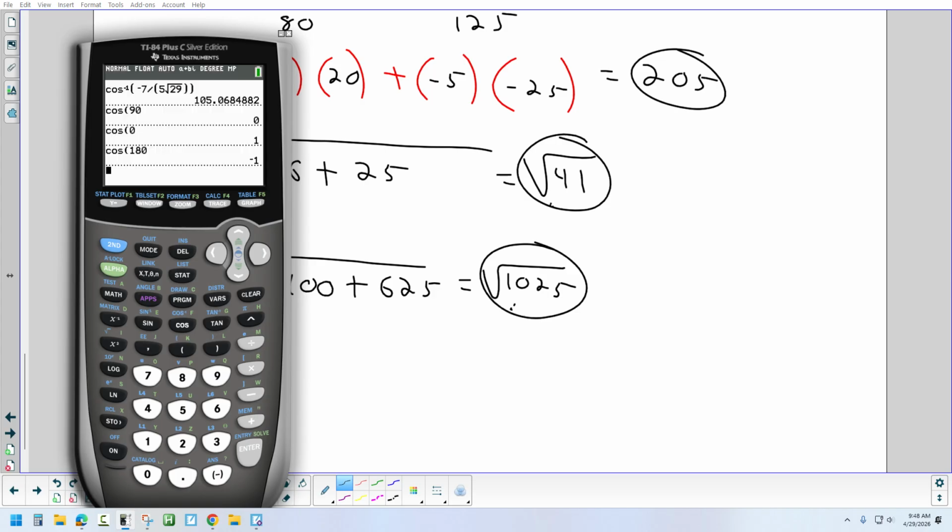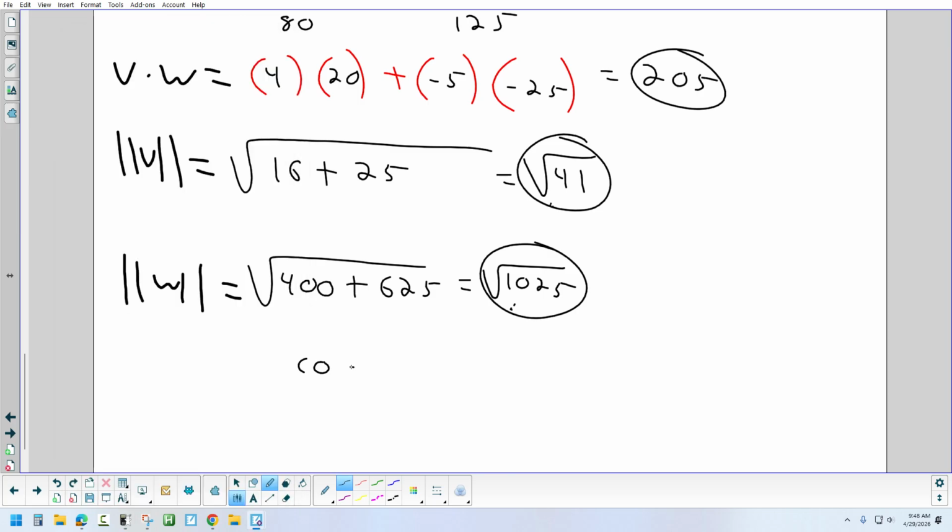Okay, so the square root of 41 times the square root of 1025 gives me 205. So I got a dot product in the top of 205, and I got a product of the two lengths in the bottom of 205. And now I have something equal to 1.